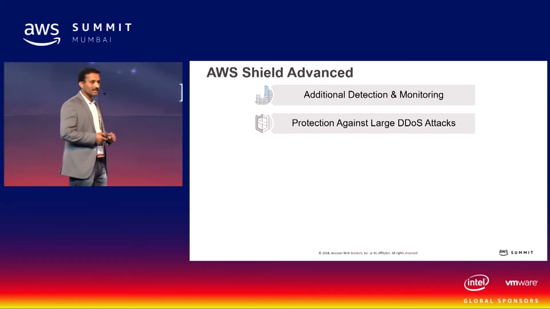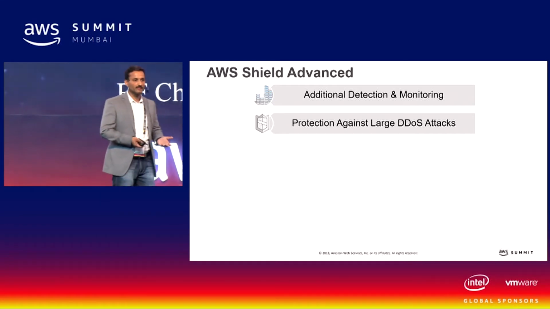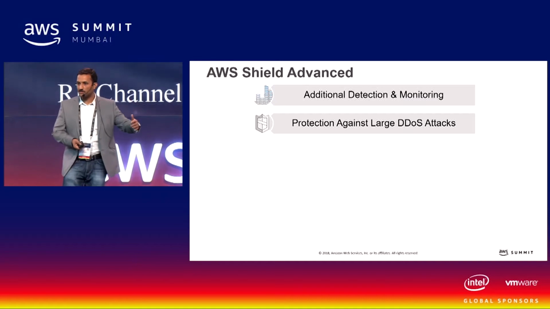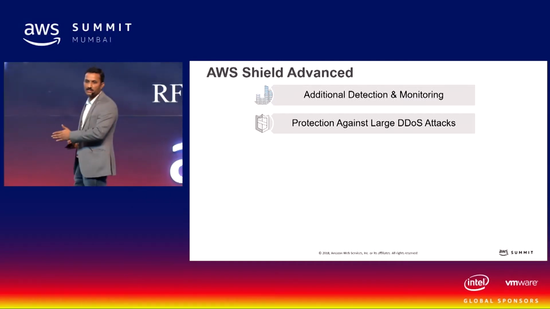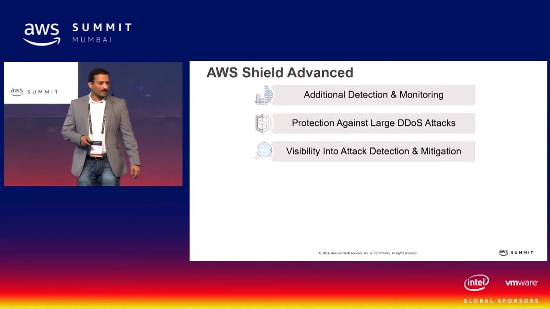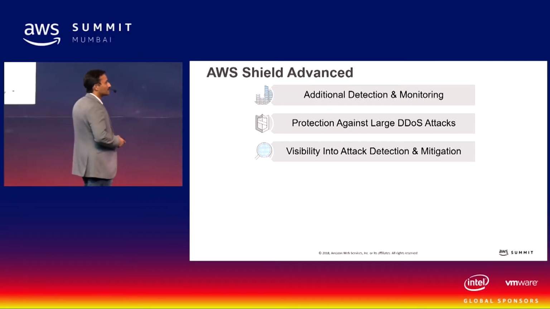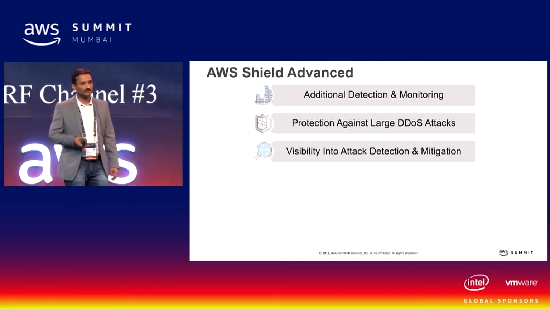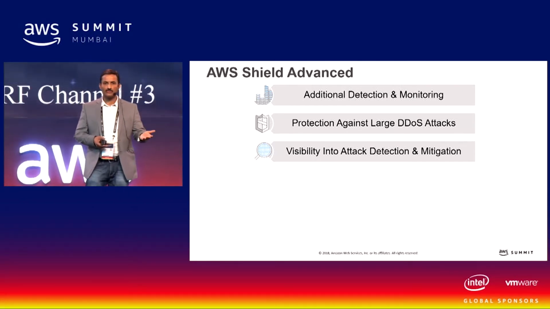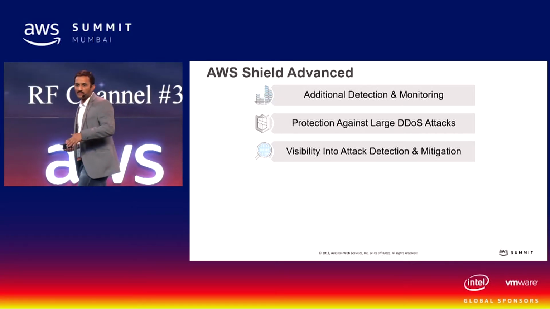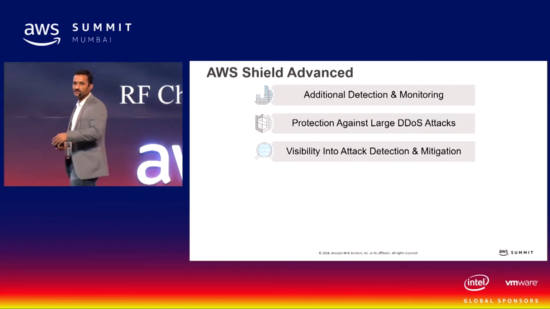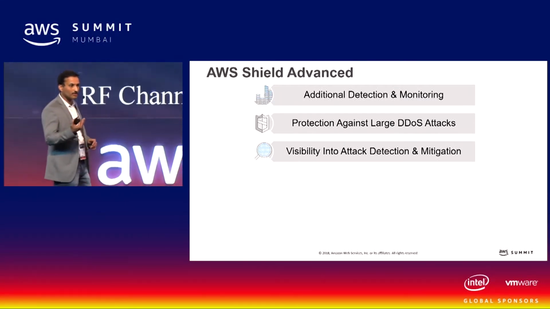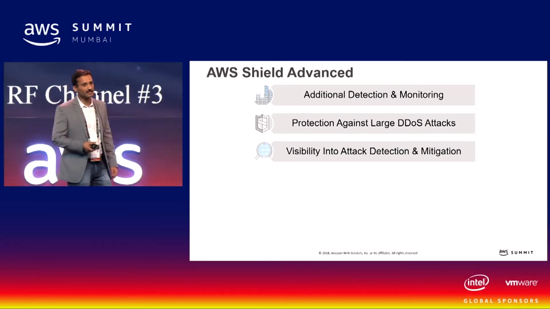You get protection against large DDoS attacks, where we work with the upstream internet service providers to prevent them at the internet service provider layer itself, even before they hit the AWS border, right? The other benefit you get is visibility into the attack and into the mitigation techniques which are available. In Shield Standard, which is on by default at no extra cost, you don't have that visibility. But if you go to Shield Advanced, you can see what kind of attacks are happening and how effective your mitigation technique is.